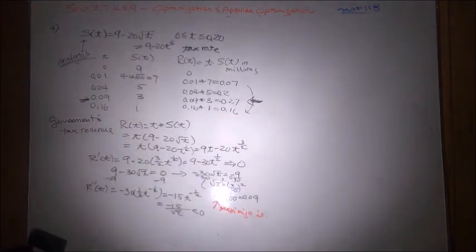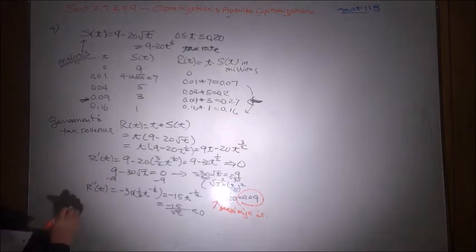So what's our conclusion? That's the number we found. If you use a 9% tax rate, then you can maximize your revenue, right?